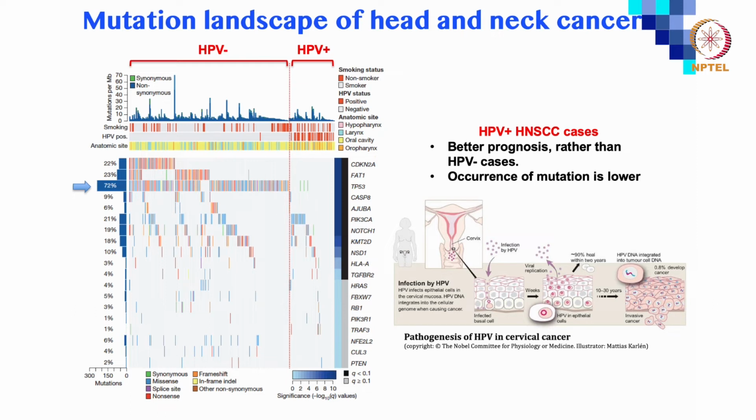Around 20% of head and neck cancer cases are HPV positive. Interestingly, occurrence of mutation is lower in HPV positive head and neck cancer cases. Therefore, HPV positive head and neck cancer cases show better prognosis than HPV negative cases.